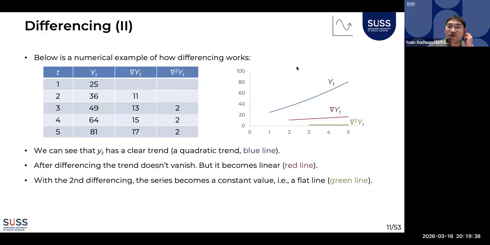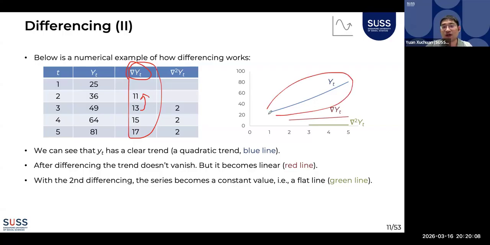Okay, differencing is quite straightforward, right? You just use, for example, yt minus yt-1, and you get the first order difference. And then you can continue with the second order difference, so on this time series you do one further step of differencing.